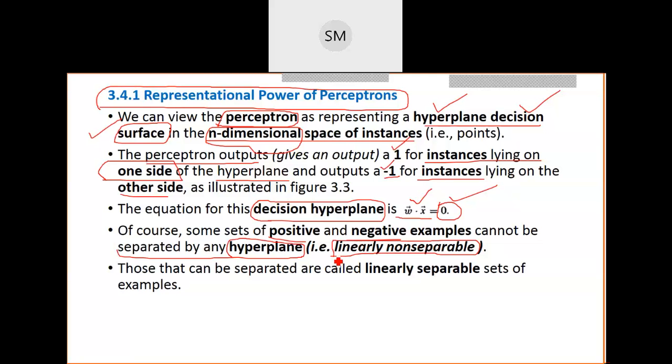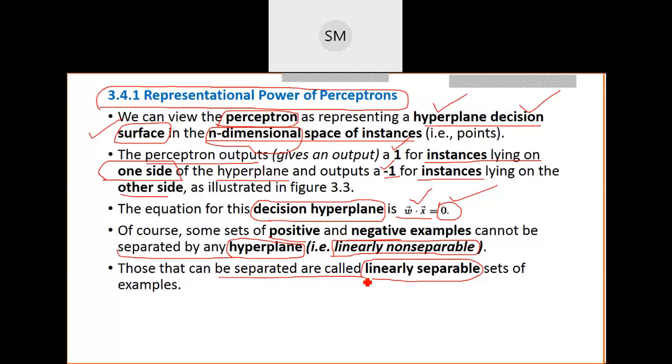But the training examples for which we can separate the two types, first positive, second negative, with one straight line, making two separate partitions, are called linearly separable training examples. Linearly separable and linearly non-separable training examples: just remember these two words.